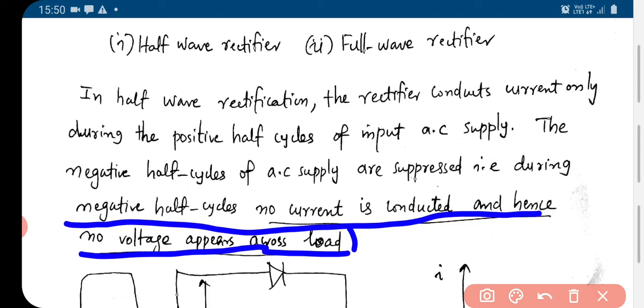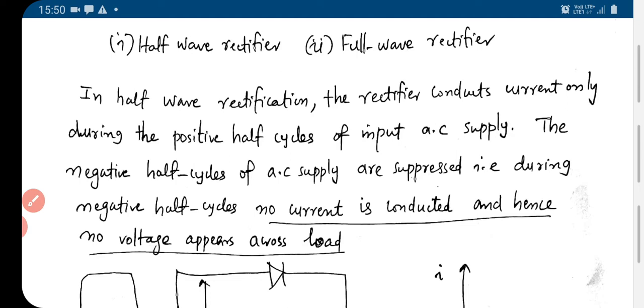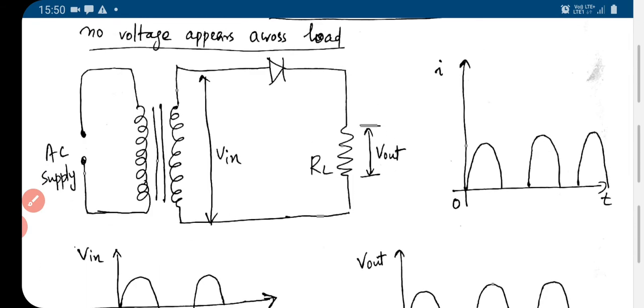So the load will be passing current during positive half cycles, and during negative half cycles no current will be passing.